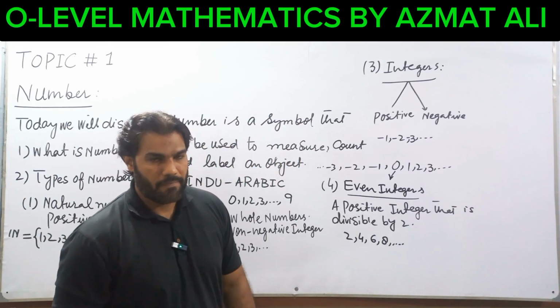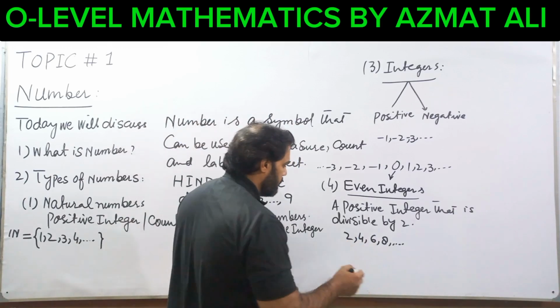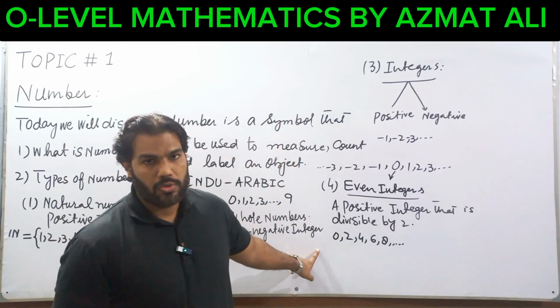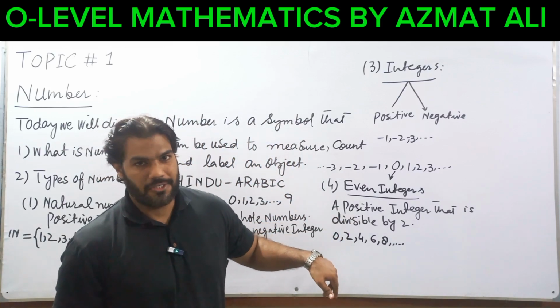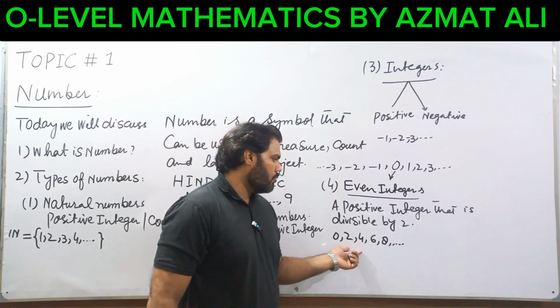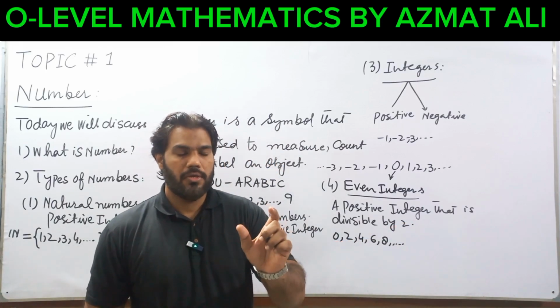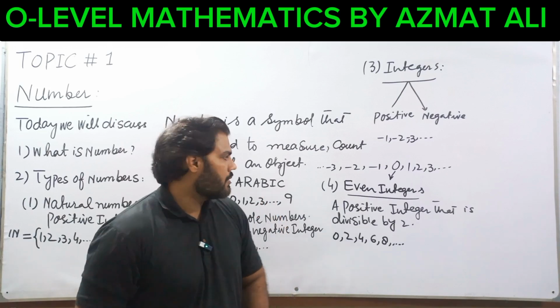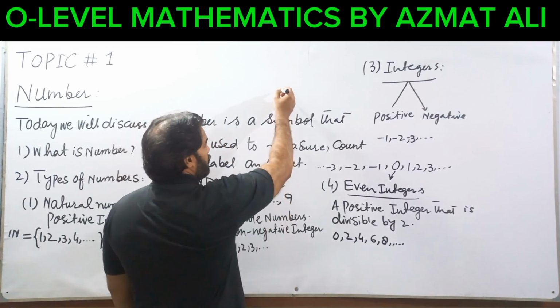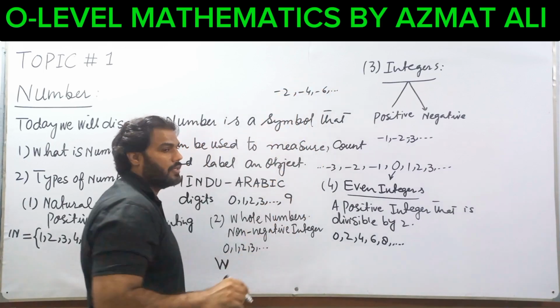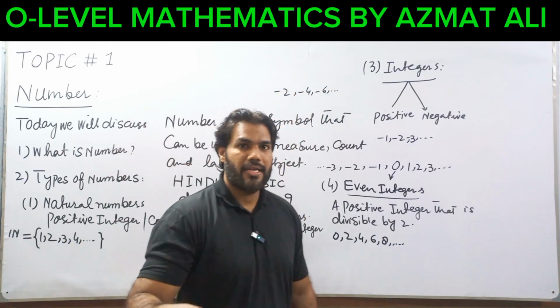What about 0? Conventionally, 0 divided by 2, sorry, 0 is also considered an even integer here. So 0, 2, 4, 6, 8 and so on, all these numbers are called even integers. Can we take -2, -4, -6 also as even integers?